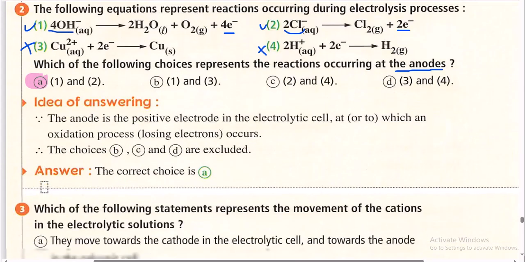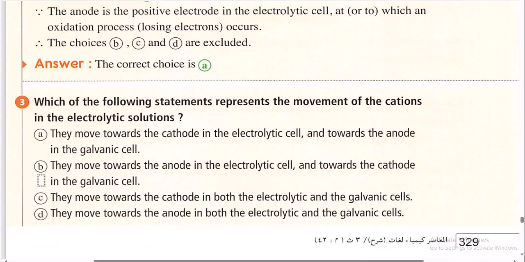Let's speak about another example. Which of the following statements represents the movement of cations in the electrolytic solution? They move towards the cathode in the electrolytic solution and towards the anode in the galvanic cell, or they move towards the anode in the electrolytic solution and towards the cathode in the galvanic cell, or they move toward the cathode in both electrolytic and galvanic cells, or move towards the anode in both.